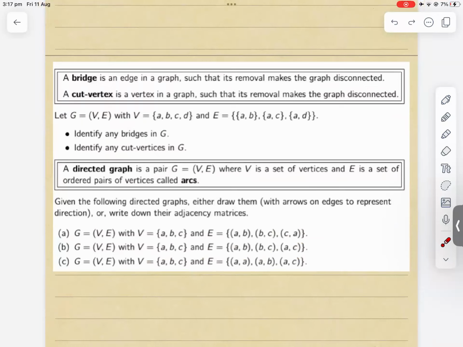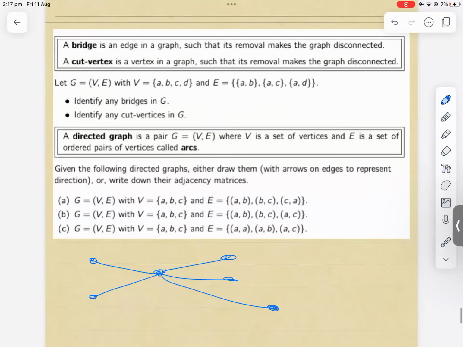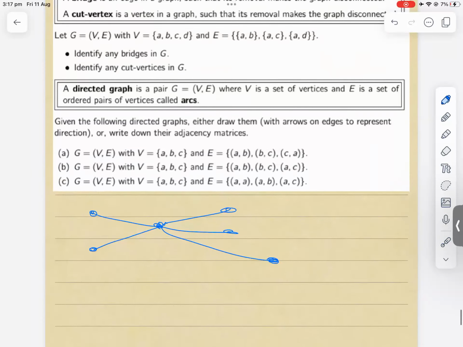A cut vertex, or articulation point, is a vertex in a graph such that if we remove it, the graph will be disconnected.